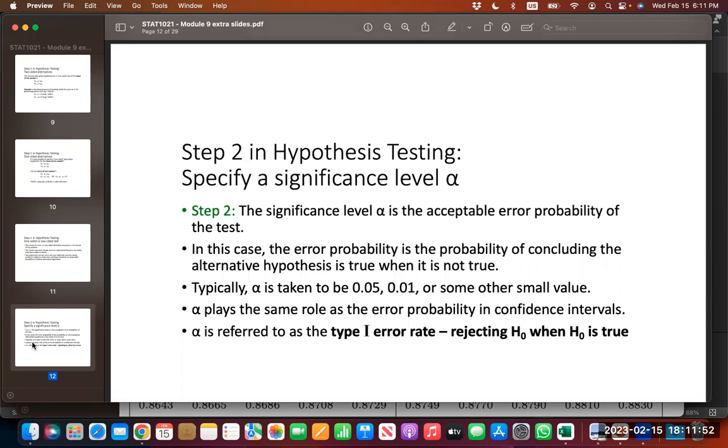And if the difference is in those extremes beyond a certain point, then I will reject my null hypothesis. These extremes are defined by the acceptable type 1 error. What probability am I willing to accept to be wrong? That is commonly 5%.